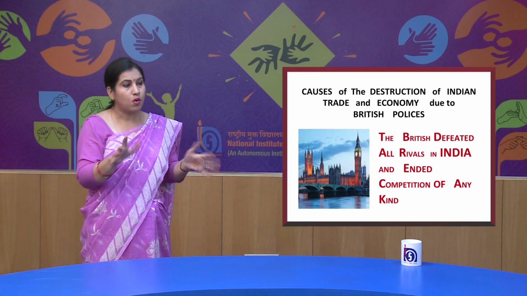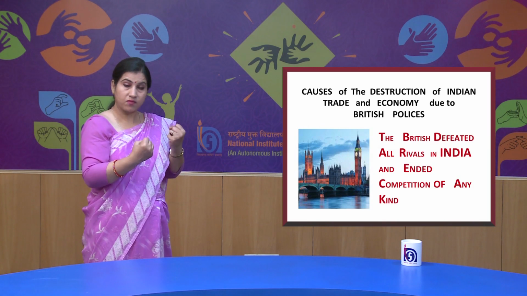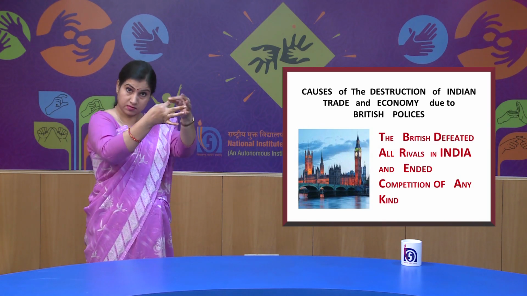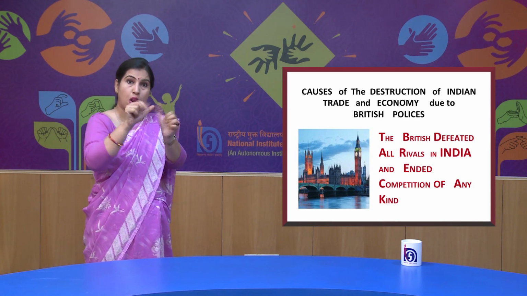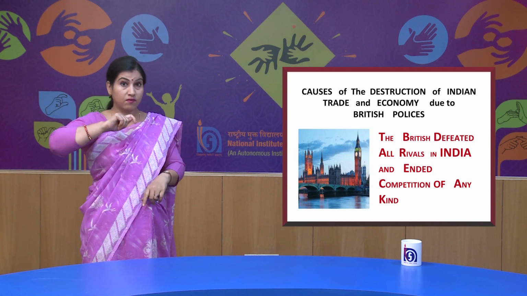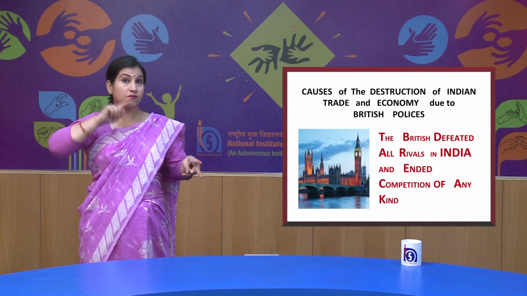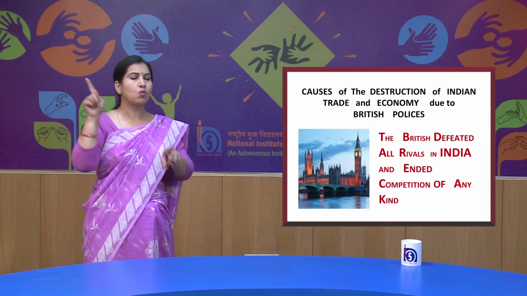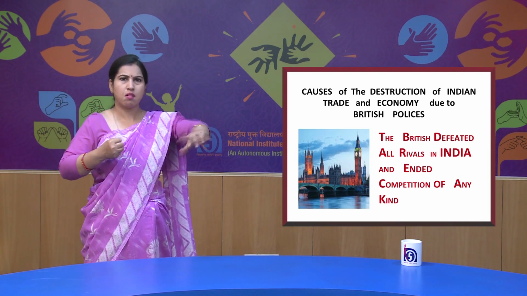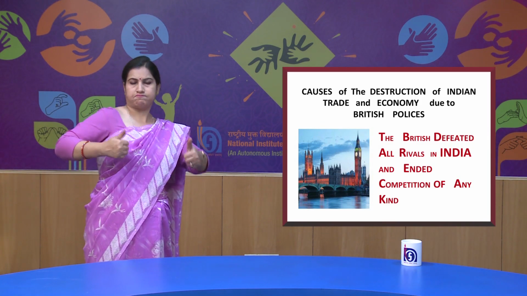All the imperial powers, like France and Holland, were defeated by the British so that they had no competitor in Indian trade.